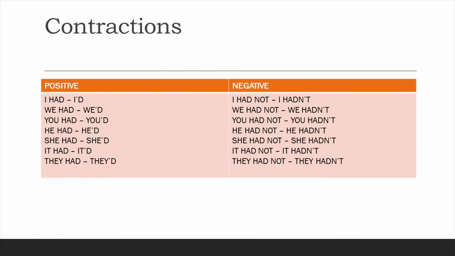Okay, we had becomes we'd, you had becomes you'd. Okay, he had becomes he'd, she had becomes she'd, it had becomes it'd, which is very rare, they had becomes they'd. Okay, and we came across the negative forms already, so you can just pause the video and have a look at them if you're interested.